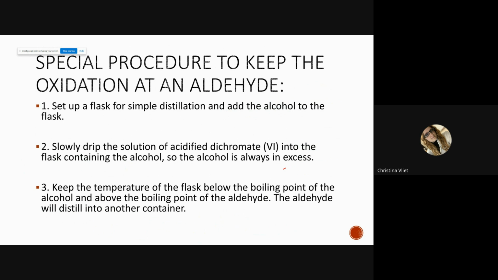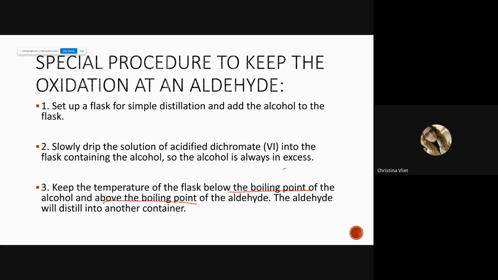And I would specifically point out the difference in the intermolecular forces, the difference in the boiling point, and that because an aldehyde has a lower boiling point, it would distill out first. So you could collect your aldehyde as soon as it's being made. That's the idea. They say to slowly drip the solution and then keep the temperature of the flask in between the two boiling points. That's exactly what I was bringing up.